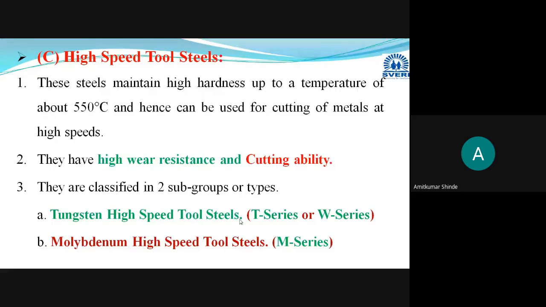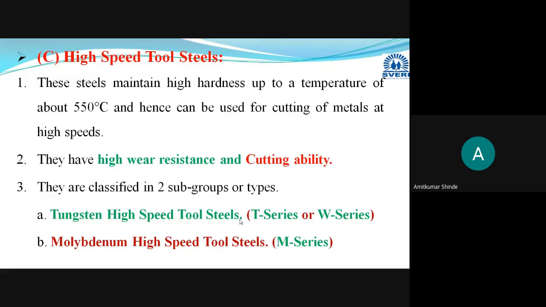That's why that tool will get heated at the higher temperature ranges. So if the tool is made up of this high speed tool steel, then it can sustain that high temperature range by providing the higher hardness required for that cutting operation. That's why these tools are used for cutting of the metals at high speeds.